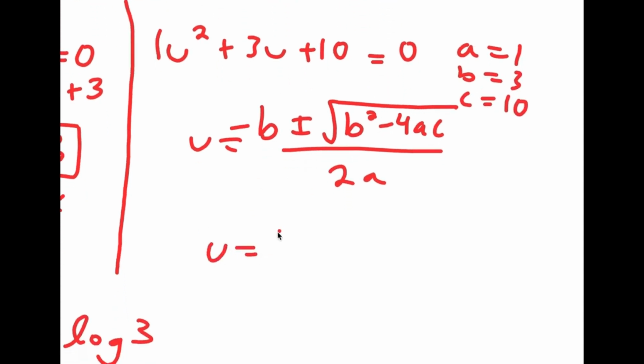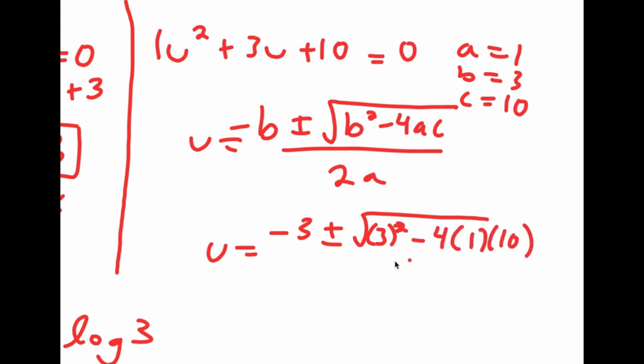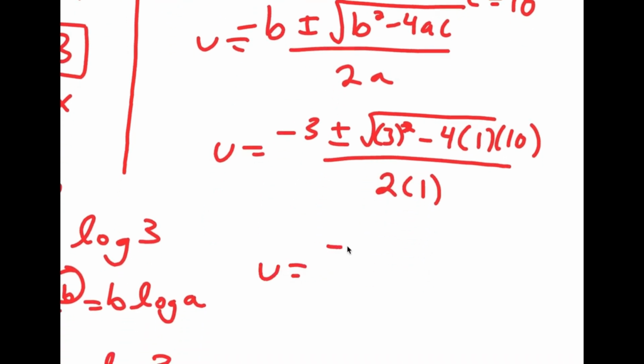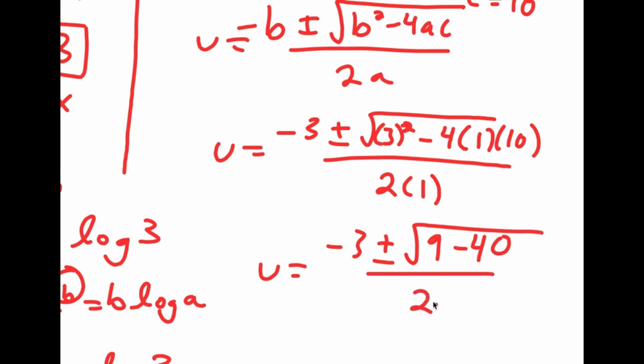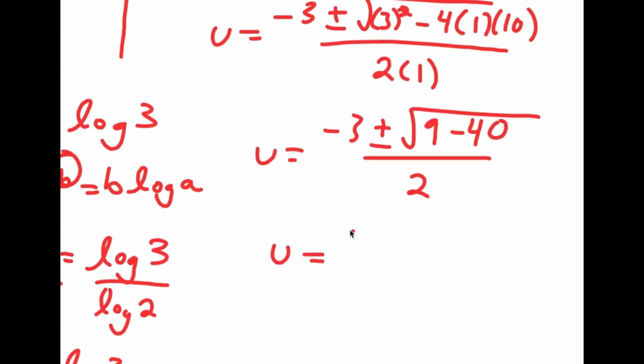So I get u is equal to negative 3 plus or minus the square root of b squared, which is 3 squared, minus 4 times a, which is 1, times c, which is 10, all over 2a, so 2 times 1. And this gets me negative 3 plus or minus the square root of 3 squared, which is 9, minus 4 times 1 times 10, which is 40, all over 2, which is equal to negative 3 plus or minus the square root of negative 31 over 2.